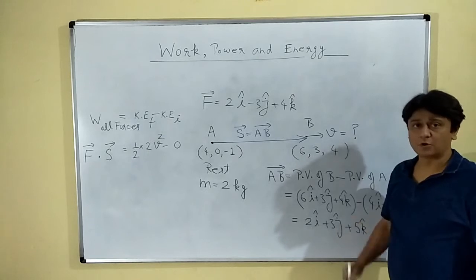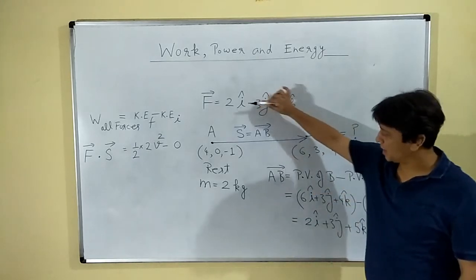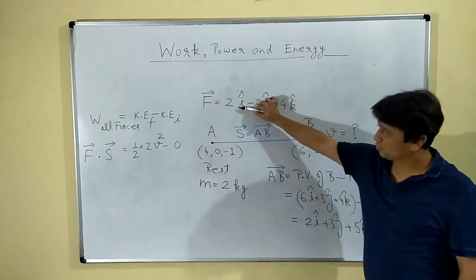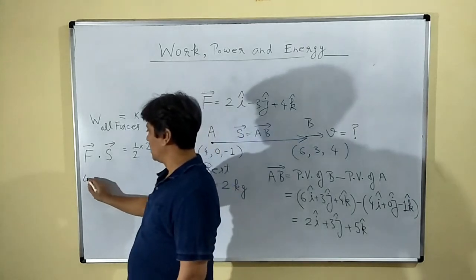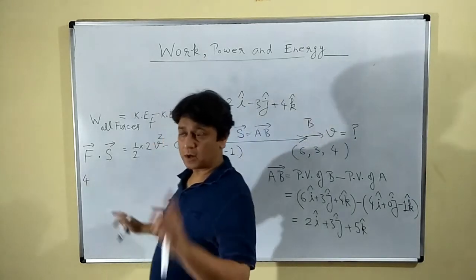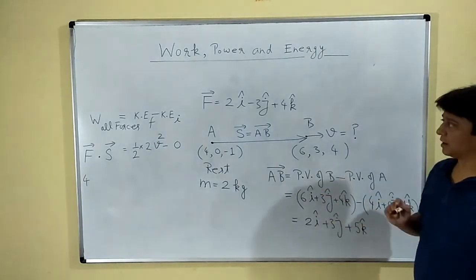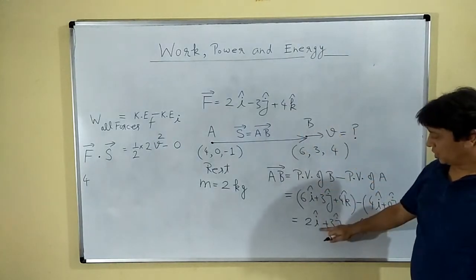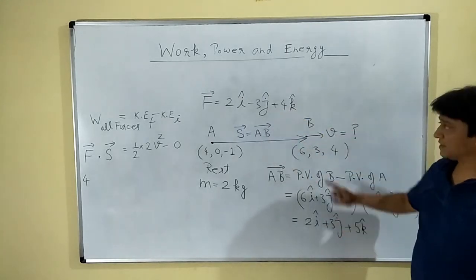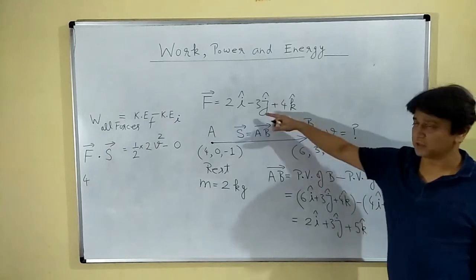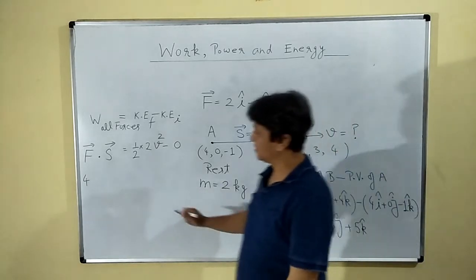And everybody knows how to take the dot product. When you take the dot product, you should multiply i with i, 2 with 2. 2 into 2, 4. Now it's a dot product, so you don't have to show the i. I dot I becomes 1. J with J, you should multiply their coefficients: minus 3 into 3, minus 9.